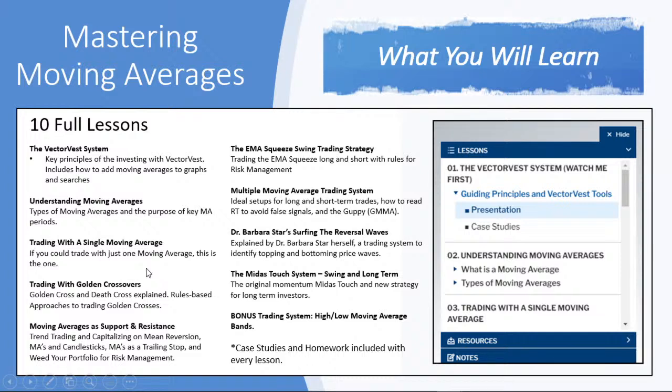We have 6 live mastery support sessions but 10 lessons, so we bunch a few lessons together and cover them in each session. We'll go over the case studies and homework assignments in each mastery support session.